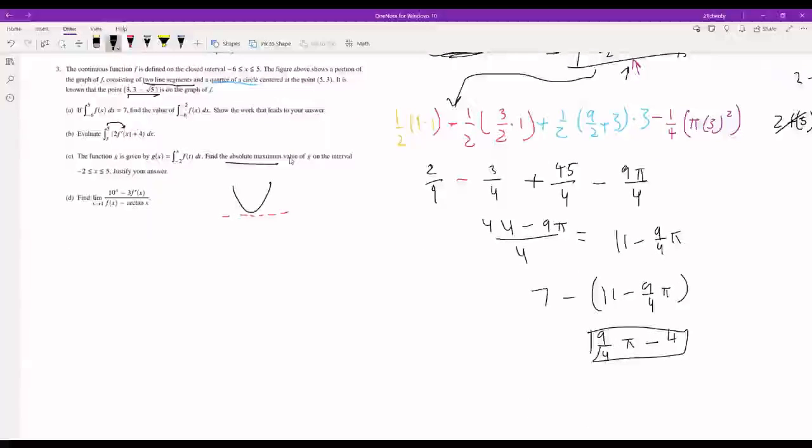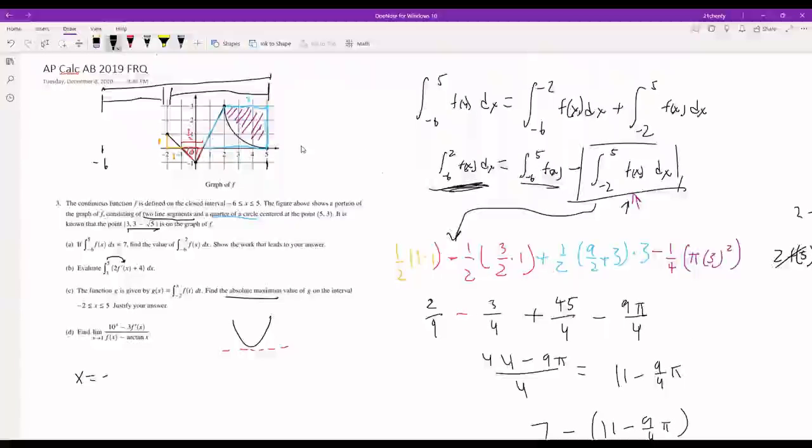So those are the values we're considering: -2, -1, 1/2, and 5.